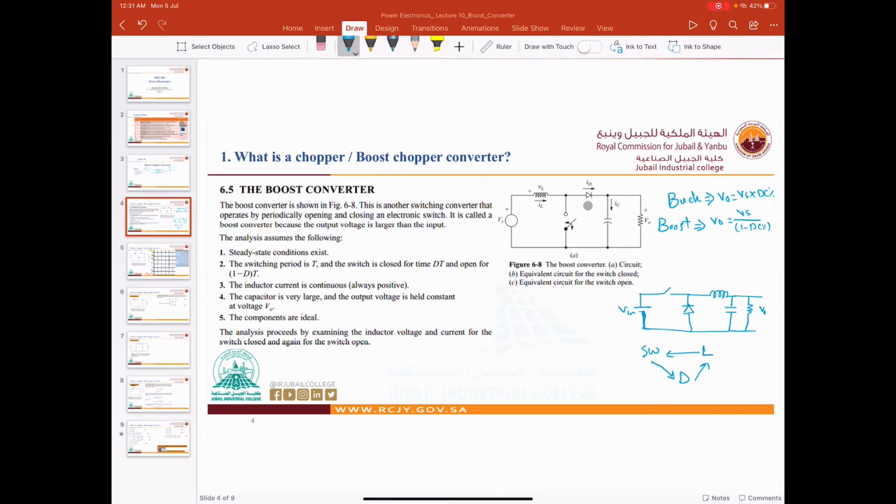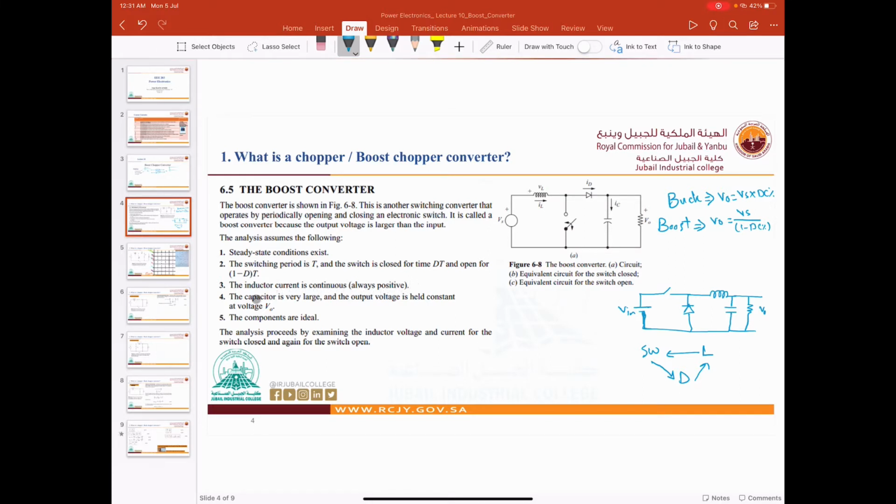And again, if we need to analyze this circuit, we need to make sure that you understand the steady state conditions. T is the period, and the time the switch is closed is D multiplied by T, and the time it is open is 1 minus D times T, right? Of course, the inductor current should be in continuous conduction mode, CCM.